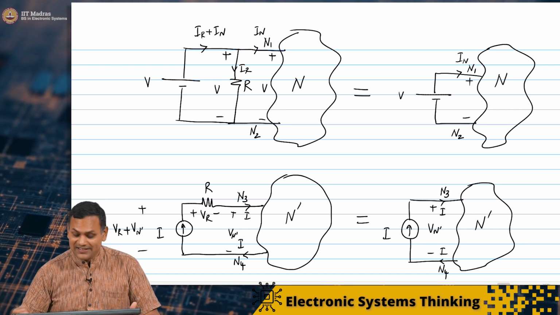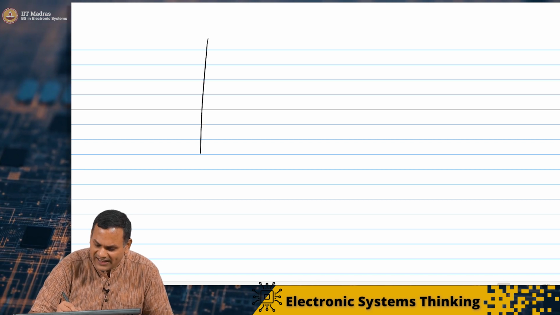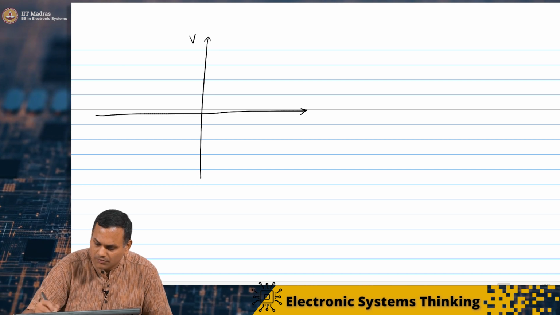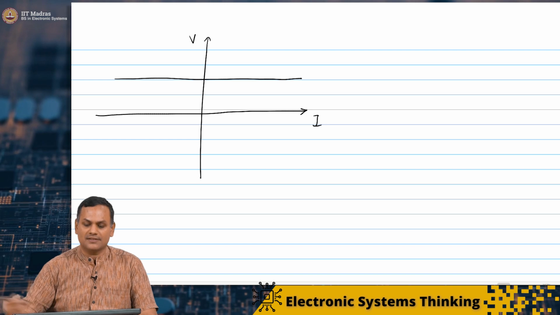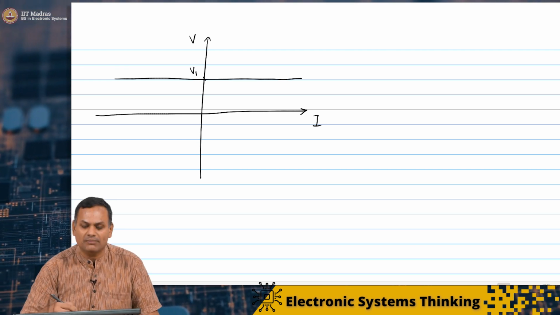What was the characteristic of an ideal voltage source? If you look at the VI characteristic of an ideal voltage source, it was parallel to the x axis. Let me call this voltage some V1.